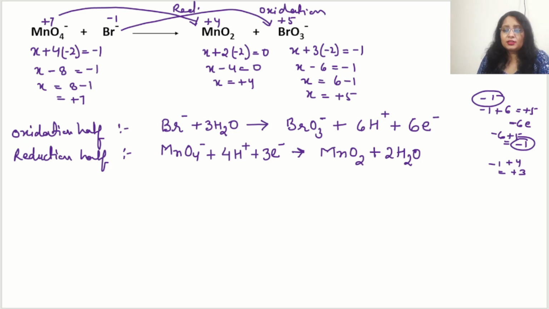After doing this, we need to add both the reactions in such a way that the electrons are cancelled. In the oxidation half 6 electrons, in the reduction half 3 electrons. So we will make 3 into 6 by multiplying the whole reaction with 2. Correct?